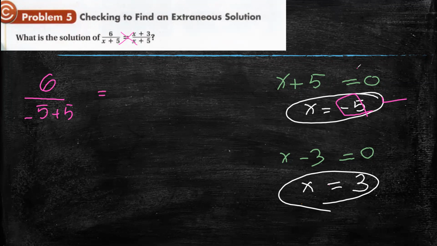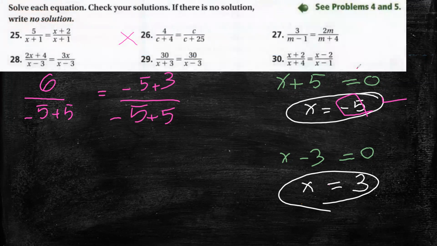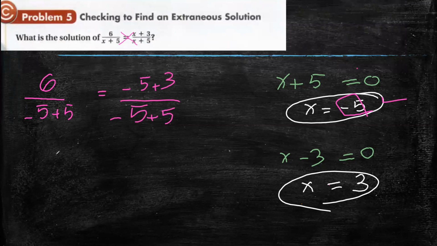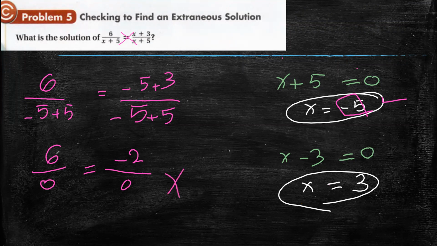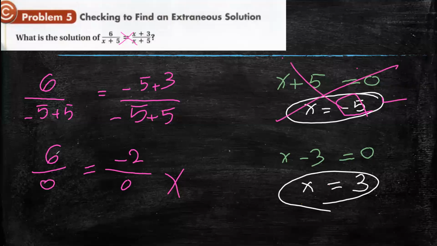Is it equal to negative 5 plus 3 over negative 5 plus 5? In other words now, is 6 over 0 equal to negative 2 over 0? No. So it cannot be negative 5. So negative 5, you will say no.